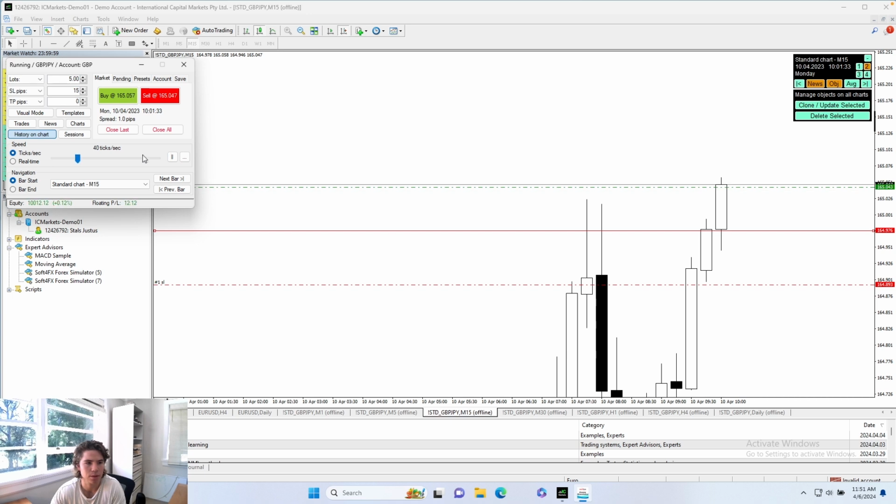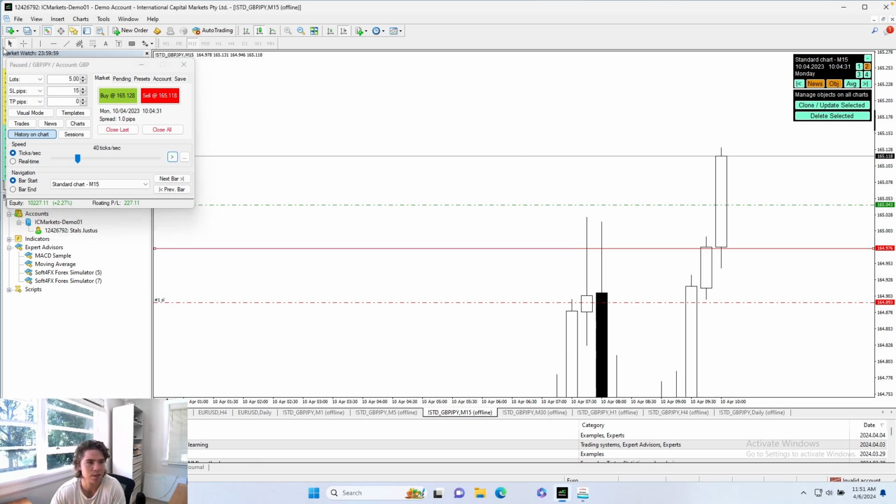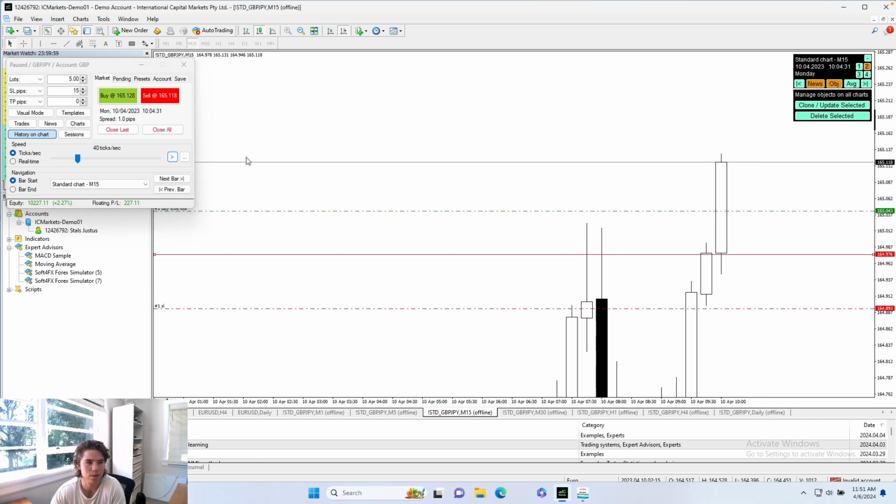Can speed this up a little. So it's still only 2 minutes into this candle, so still very early. We'll see how price sort of reacts. If we get a heavy rejection, I don't think it's worth it. At this stage, we're up. How much are we up? 8 pips. It's bigger than I thought.